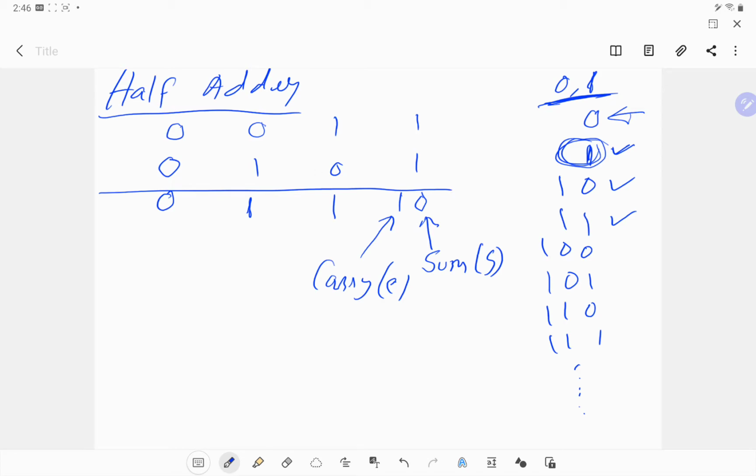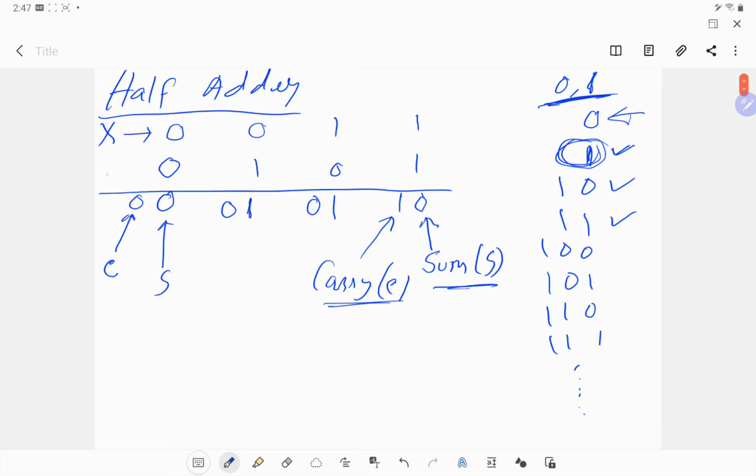And for this previous edition, we had the sum, but we did not have the carry, but still we had the carry, and those carries are 0. So now if we consider the carry is C, and S is for sum, C and S, and this one is the variable X, and the second one is the variable Y. Then we can find the truth table.